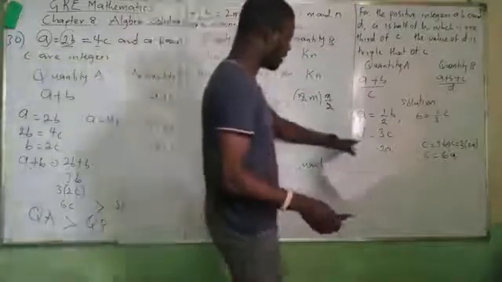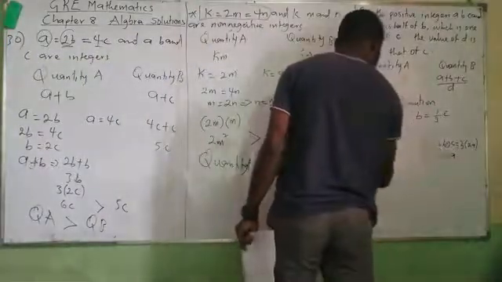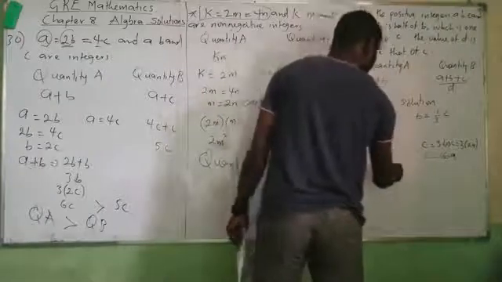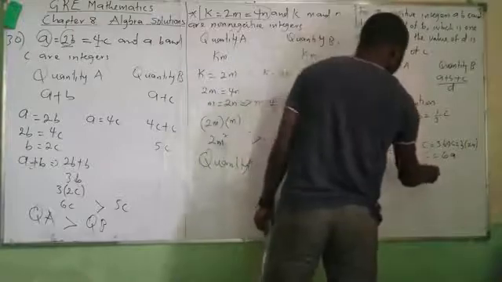Now, my D equals thrice C, so D equals 3 bracket of 6A, which gives 18A.